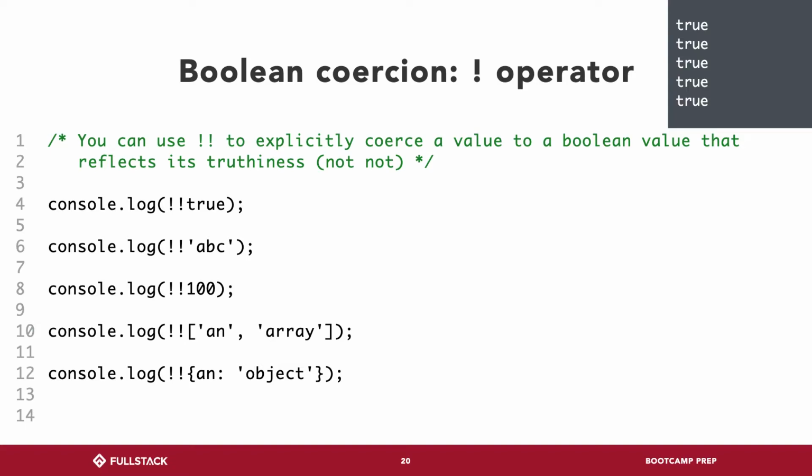Any questions on the exclamation points, the bang operators? No? When would you use this? Well, it's quicker, right? Do you want to say, if this whole thing is equal to undefined, or equal to null, or equal to 0, or equal to empty string, or you just want to do bang that?